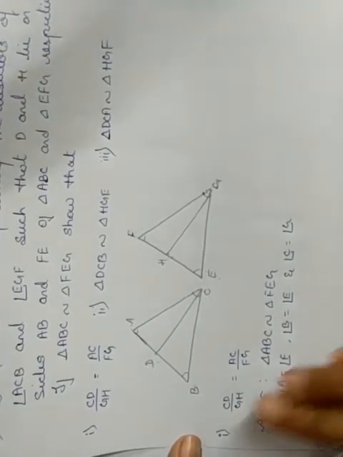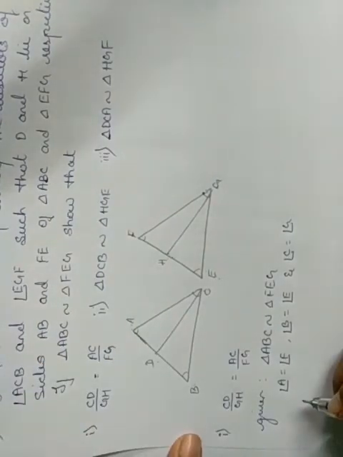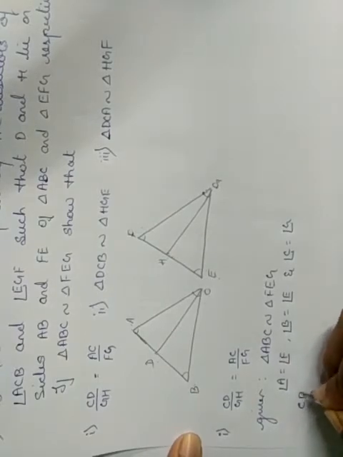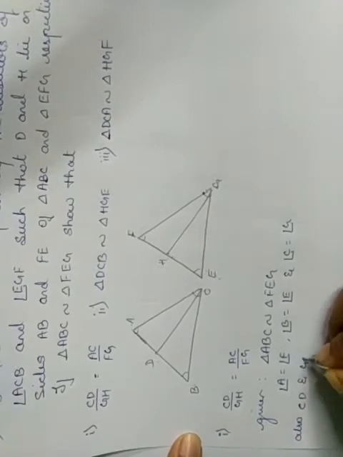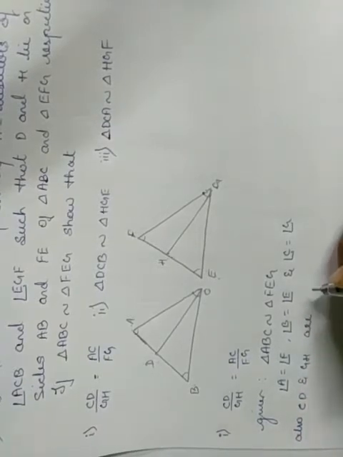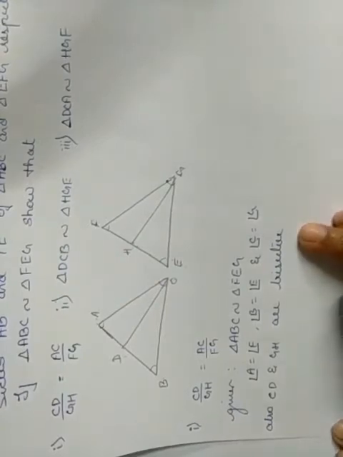And also they have said CD and GH are bisectors here.